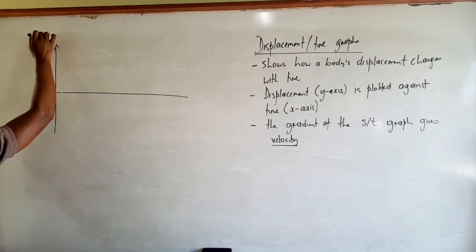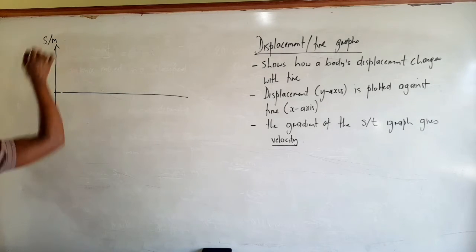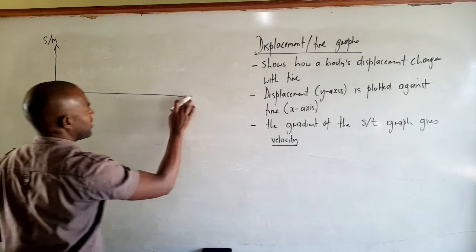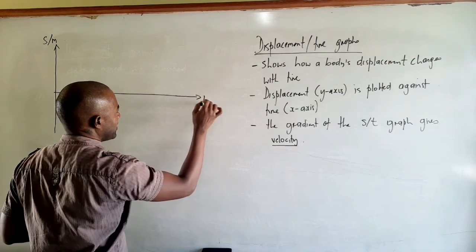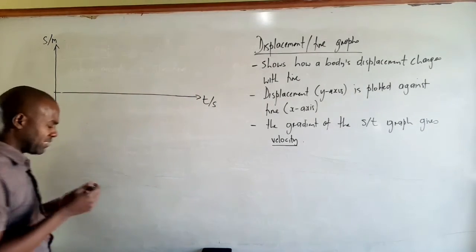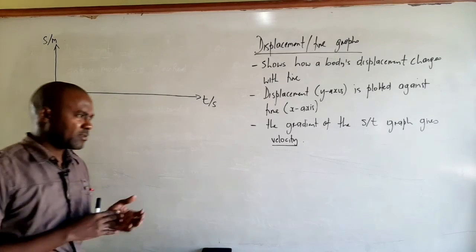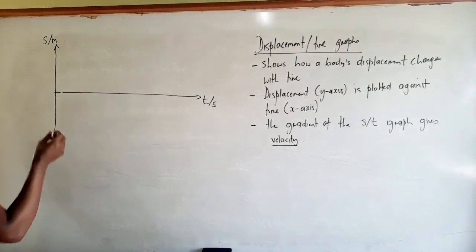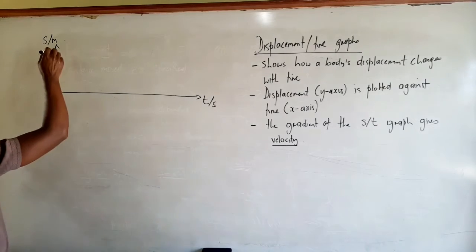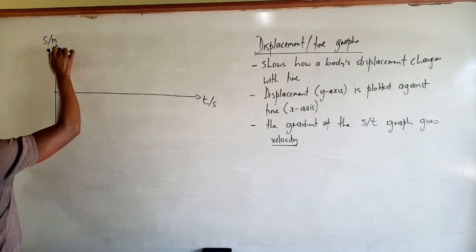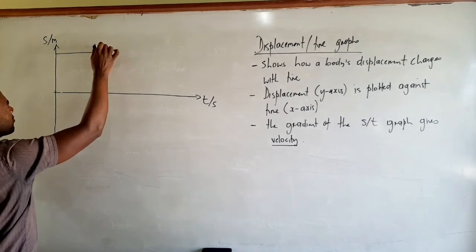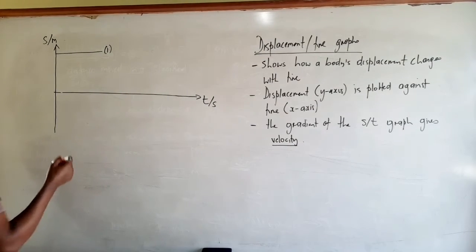So on this axis, you have the displacement typically in meters, and on the x-axis, we have the time typically in seconds. All right? So we look at a few graphs. First one, let's just make it a horizontal line. Let's call that graph 1, right?